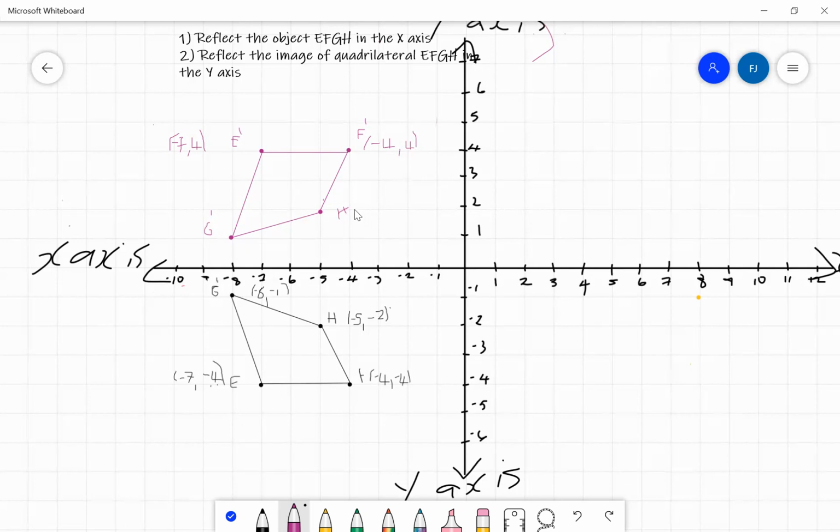Point H prime can be seen to be -5, 2. If you follow the mouse, you will see the direction from which we are reading. And point G prime can be seen to be -8, 1.